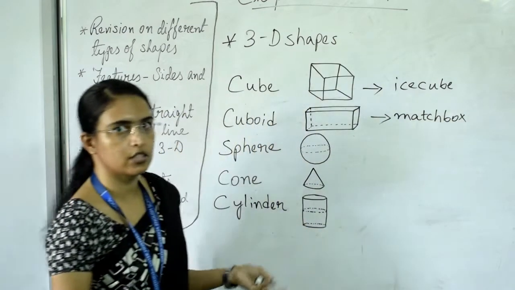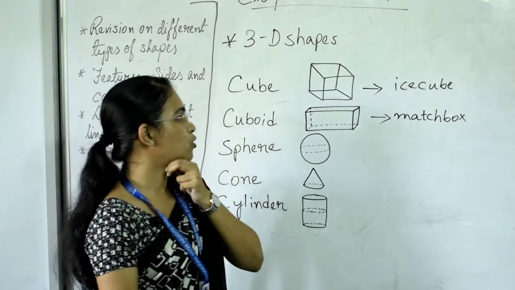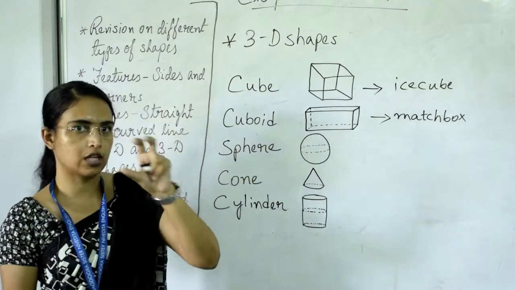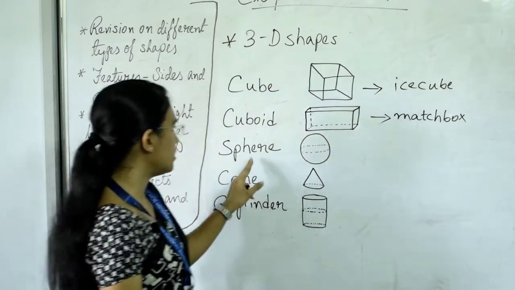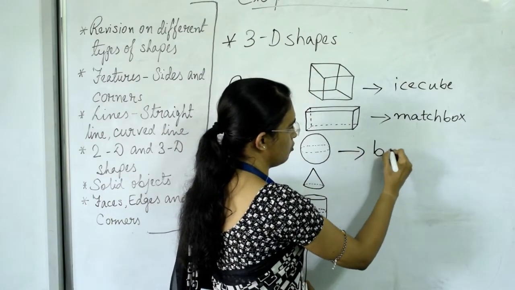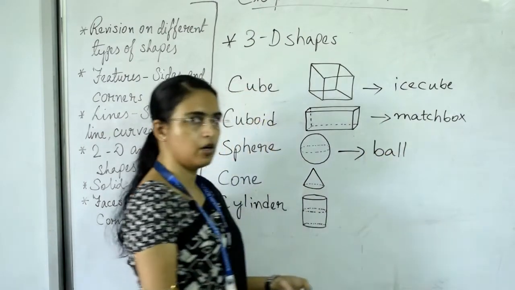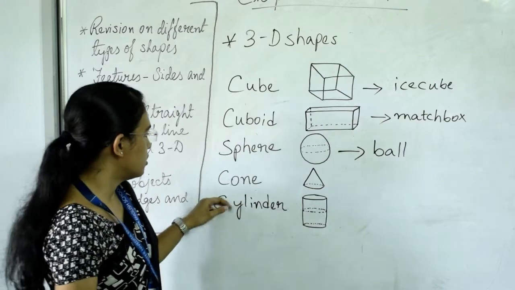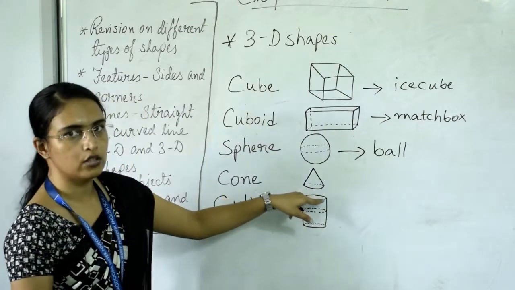Everybody has a matchbox in their home. Look at the matchbox, it looks like a cuboid. Then what is an example of sphere? Ball, cricket ball, football.